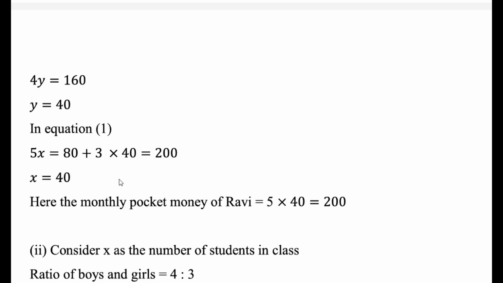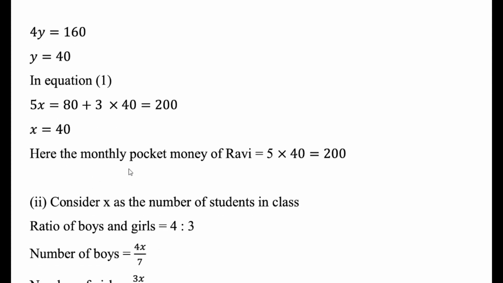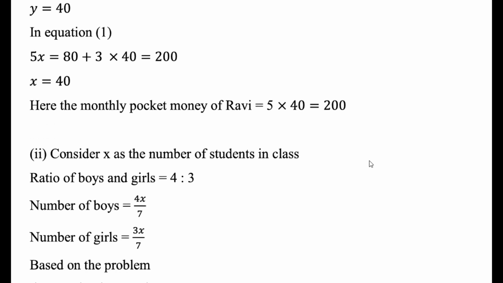So only 4y is equal to 160, so y will be equal to 40. So in equation 1, 5x is equal to 80 plus 3 into 40, that is 200. So x will be equal to 40. Here the monthly pocket money of Robi is 5 into 40, equal to 200.